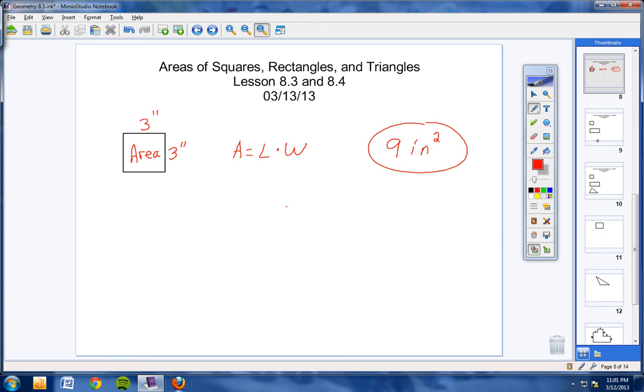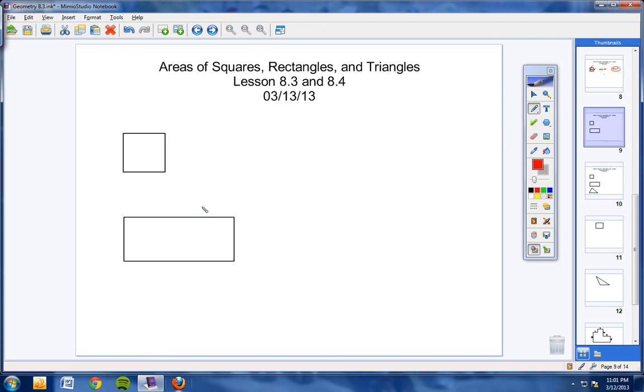If I'm going too fast, you can always pause the video. All right, let's take a look at a rectangle. So go ahead and copy this rectangle in your notes. Let's find the area of this rectangle. Now the area of a rectangle is also length times width. We're going to say that right here we have a 2-foot side, and this is 5 feet.